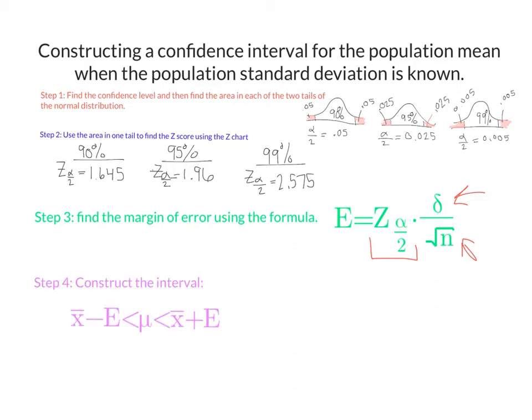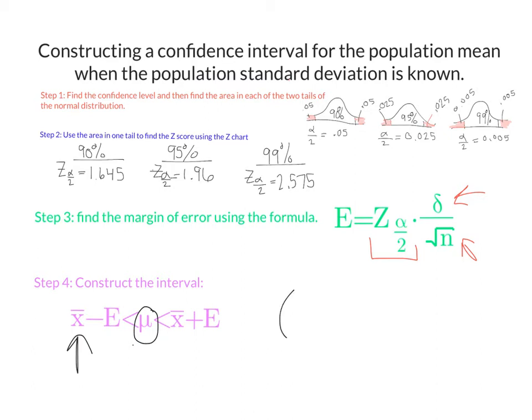Okay, the last step in constructing a confidence interval will be to actually construct the interval. So what you're going to do is it will be your sample mean minus the margin of error is less than your population mean is less than your sample mean plus the margin of error.